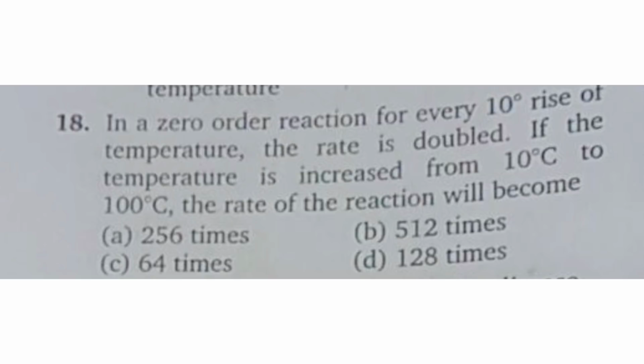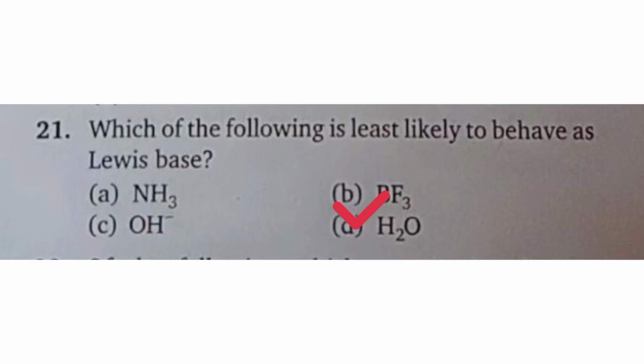And the right one is option B, 512 times. The next one: which of the following is least likely to behave as a Lewis acid? And the right one is option B, BF3.